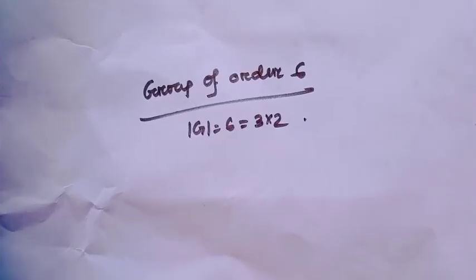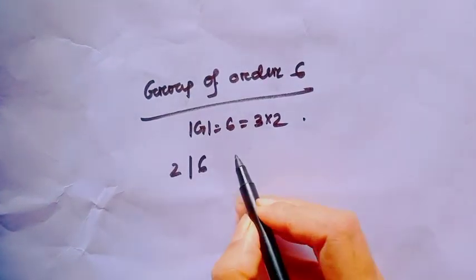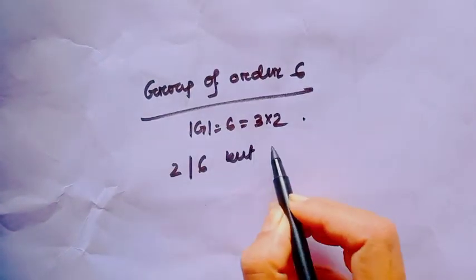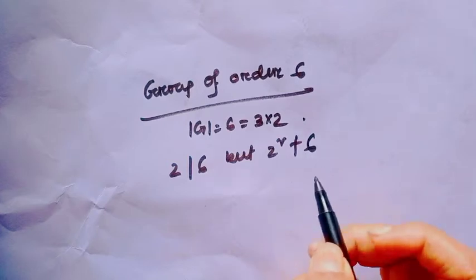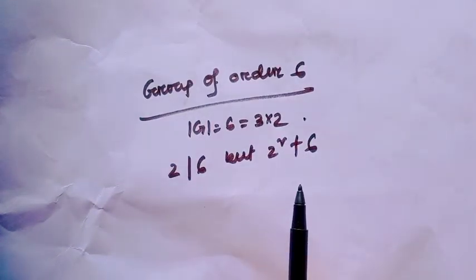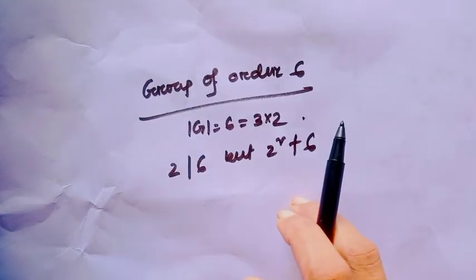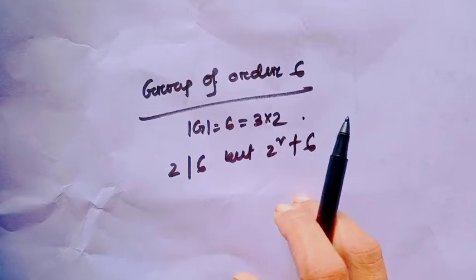Consider a group of order 6, which is equal to 3 times 2. Since 2 divides 6 but 2 squared does not divide 6, as we proceeded before, we can tell there exists a subgroup of order 2, which is a 2-Sylow subgroup. Also we can apply Cauchy's theorem.